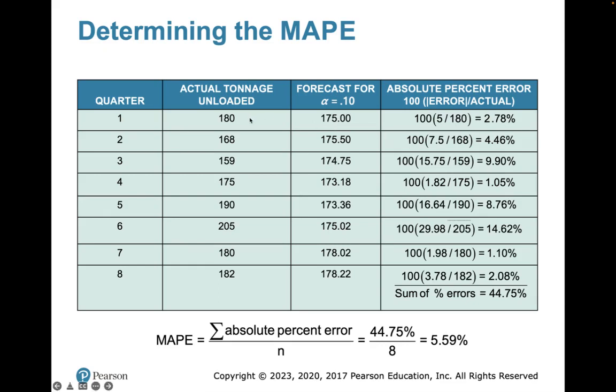You can look at it for each quarter. If our forecast is 175 and our actual is 180, then we would just take the difference, which is the 5, divided by the actual, the 180, and that gives us a forecast accuracy of 2.78.